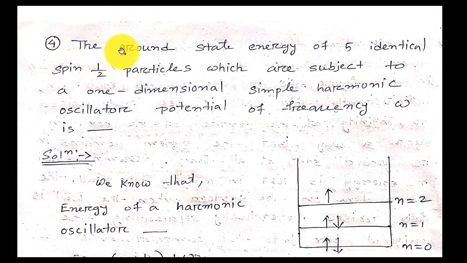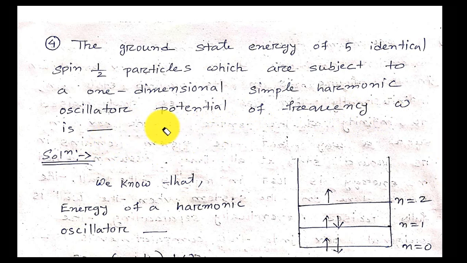Okay, next question. The ground state energy of 5 identical spin half particles which are subject to a one-dimensional simple harmonic oscillator potential of frequency omega is.